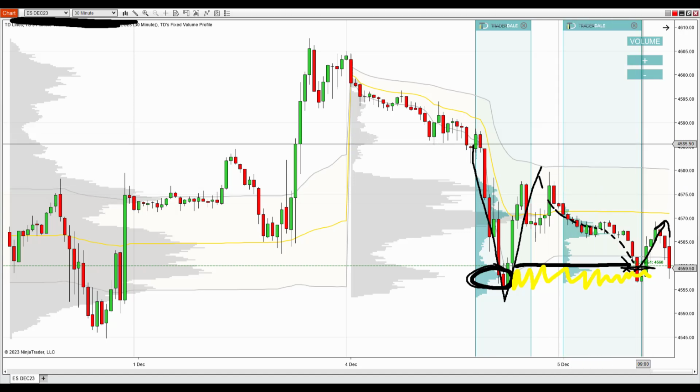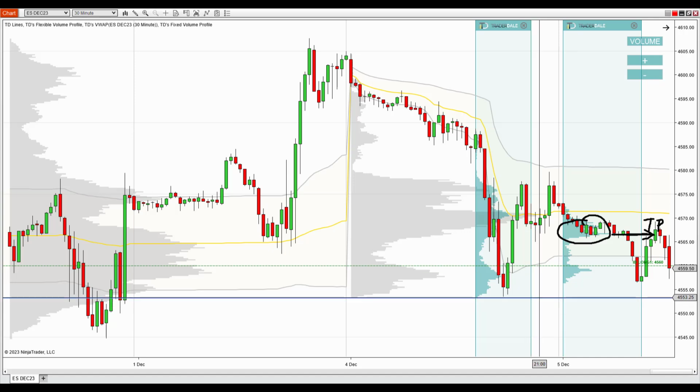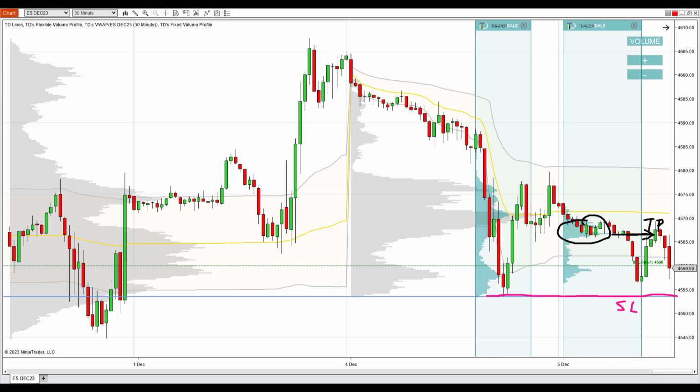The ideal take profit was in here, because this was the beginning of this heavy volume zone. And stop loss as usual below the swing point in here. So this is the rejection setup and how it played out on the ES.